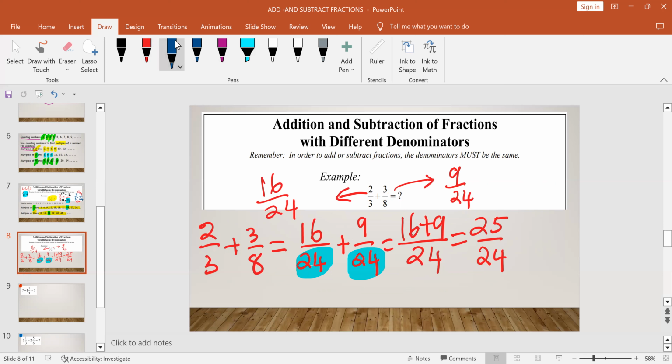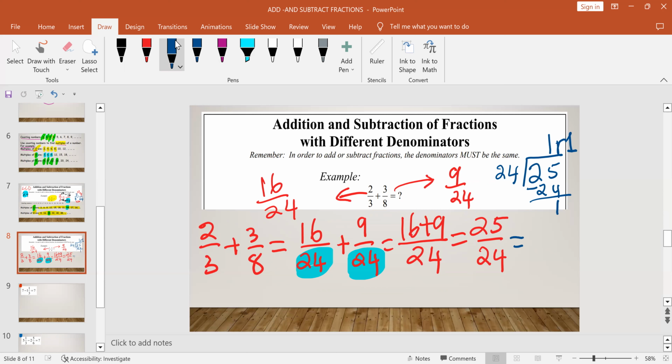So again, we do the long division. We take 25 divided by 24. 24 goes into 25 one time. 1 times 24 is 24. 25 minus 24 is 1. So we have a remainder of 1.